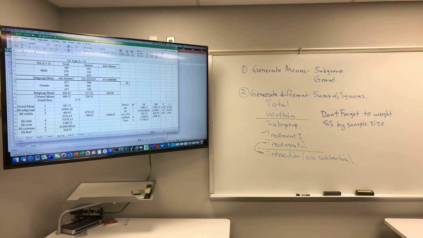Okay, good. Yeah. So my sum of squares within is way off. Okay, show me how you calculate it. I took each value minus this subgroup mean squared. Okay, let's see.